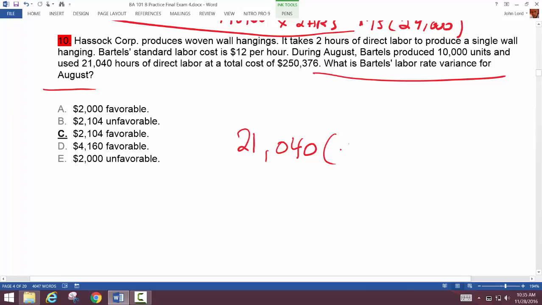The standard rate is 12. Can I get the actual rate here? How can I get the actual rate? Good. What's your name again, sir? Long? Long, you're saying 250,000?